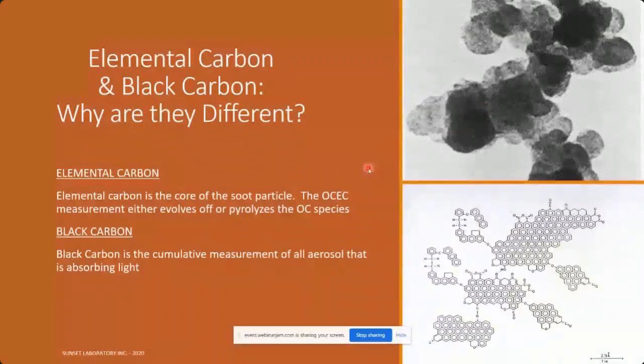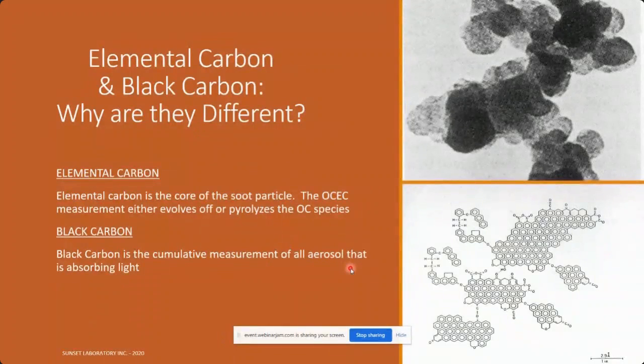And for those out there that might have experience with this, it's probably sparking attention to what else might be absorbing some of this light. Most notably are species in the UV wavelength. This is brown carbon.